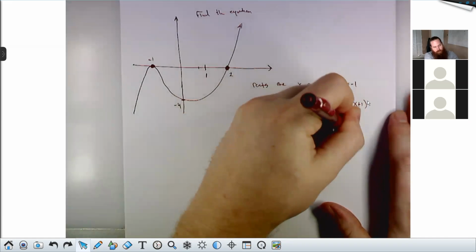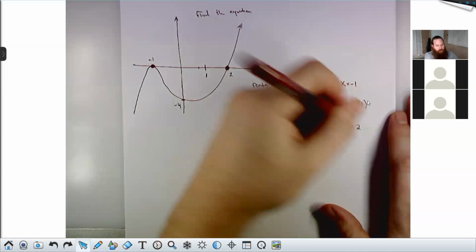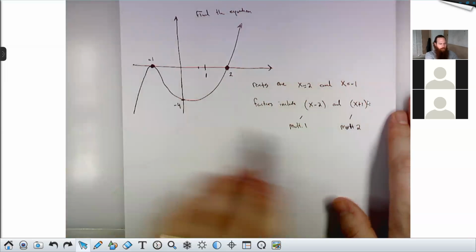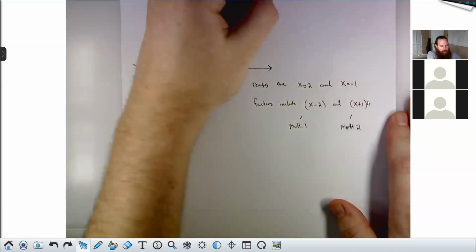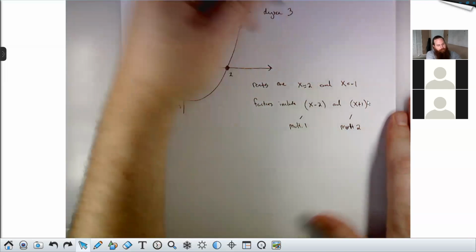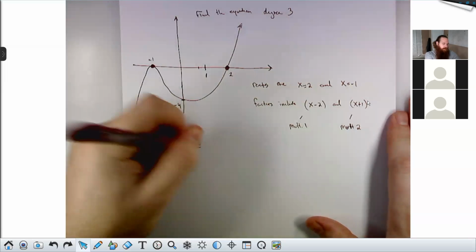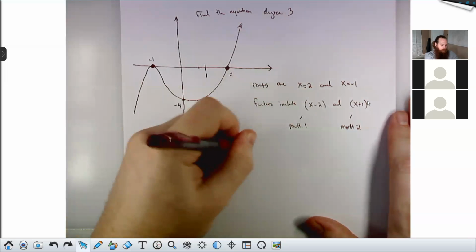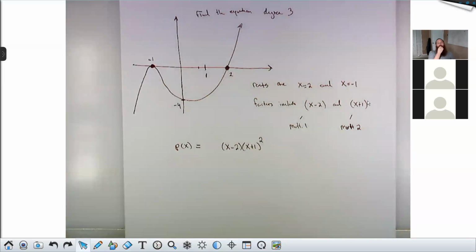This guy has to be at least multiplicity 2. Couldn't be multiplicity 3 because then that would also be a cross, but it could be multiplicity 4 or something like that. But they told us that the degree is 3. So my polynomial p of x definitely has as its factors x minus 2 times x plus 1 quantity squared. That is a degree 3 polynomial.